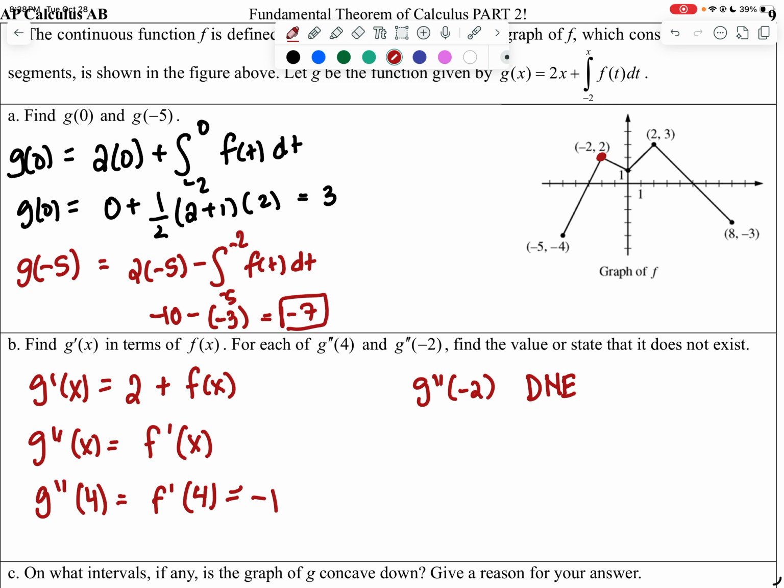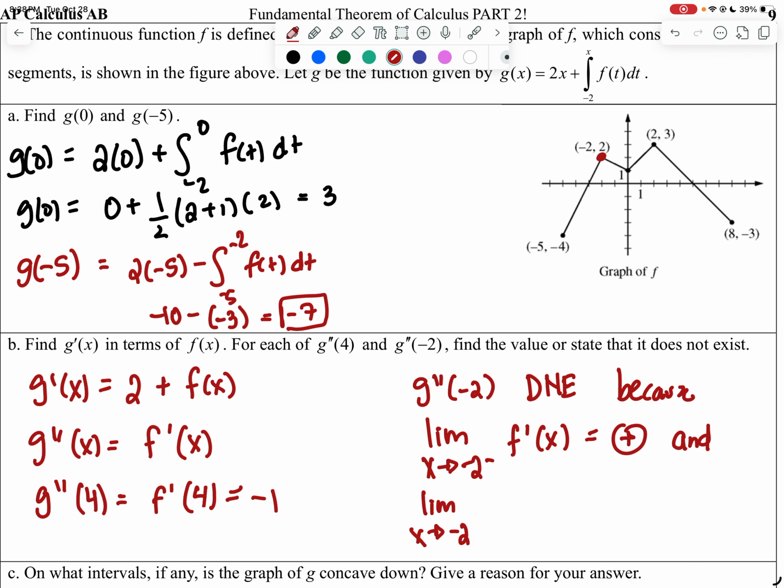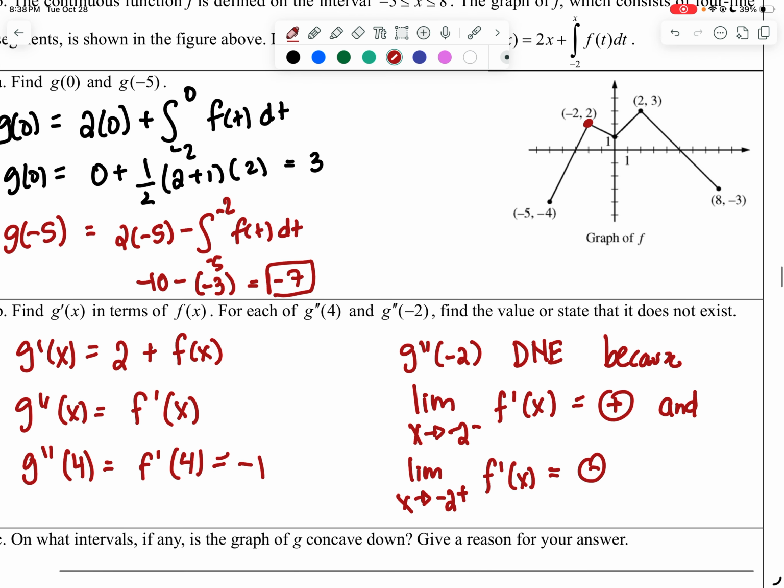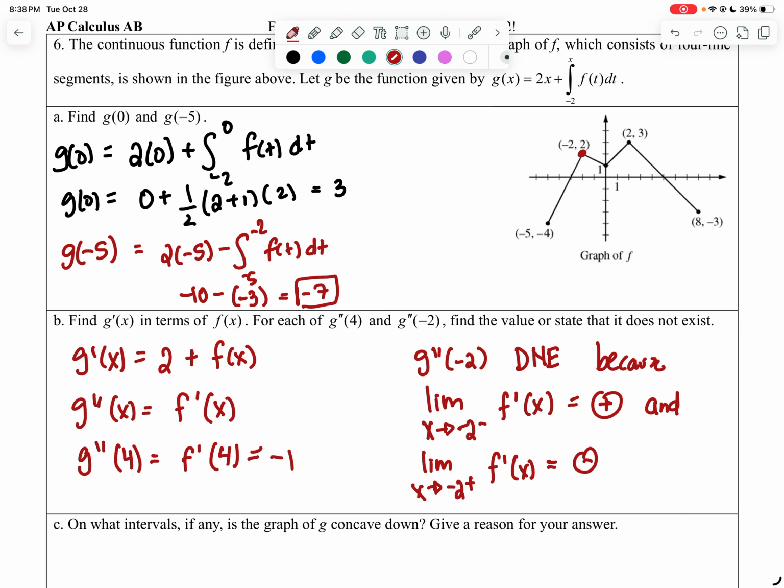Well, if you look at your left-hand limit, the limit as x approaches -2 from the left of f prime of x is positive, and the limit as x approaches -2 from the right is negative. And because they don't match up, we know that g double prime of -2 does not exist. Very sad.